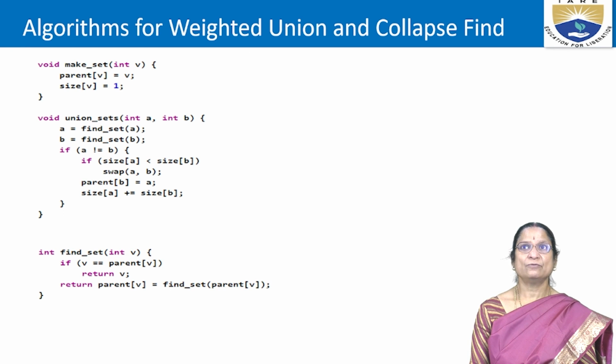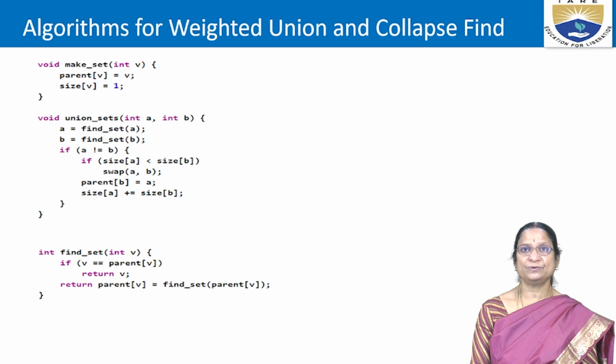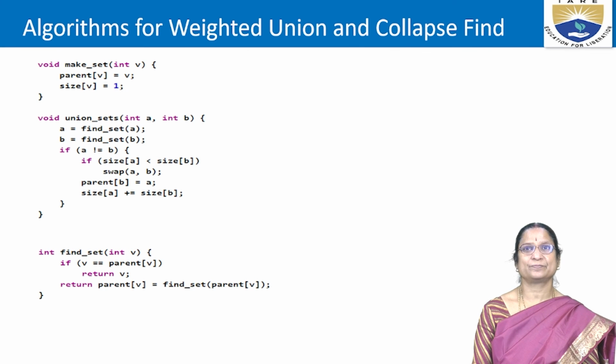That's why we use weighted union and collapse find rules whenever we use disjoint sets as a data structure in our applications, so that the efficiency of these operations is enhanced.